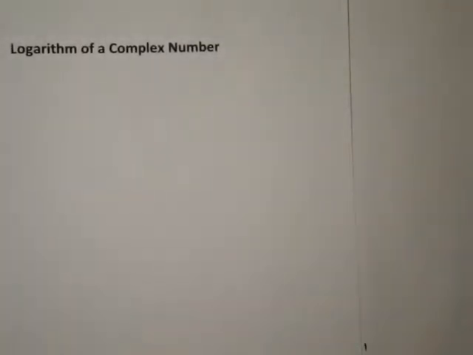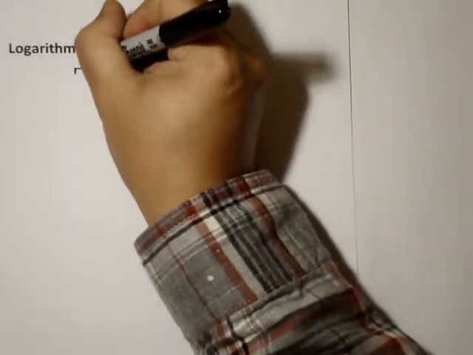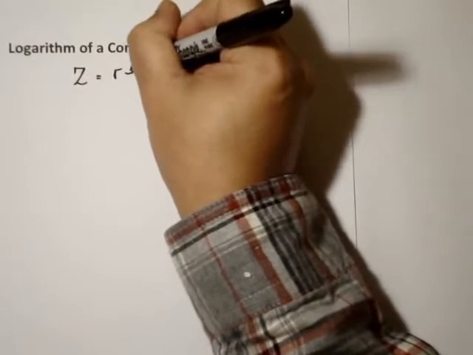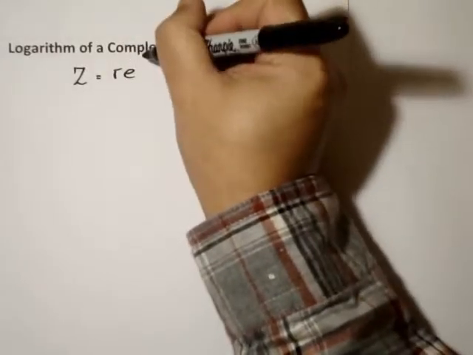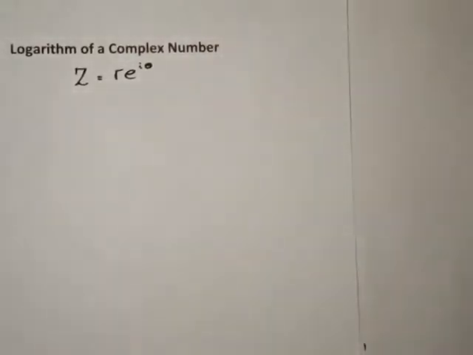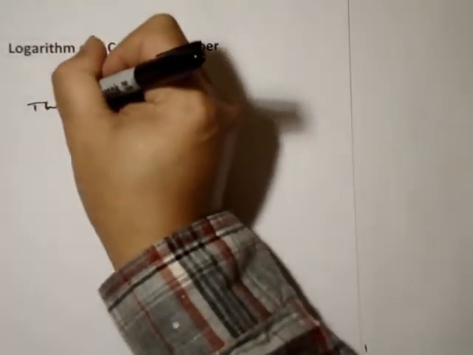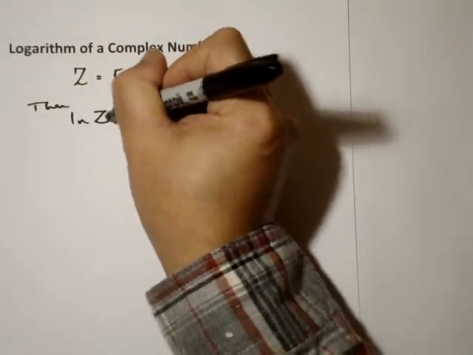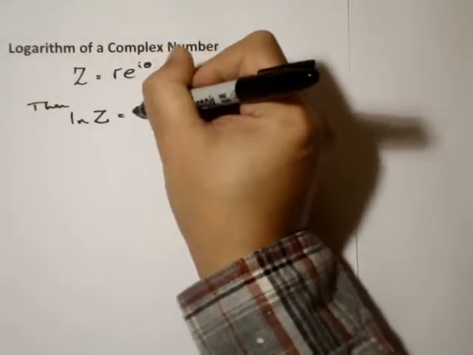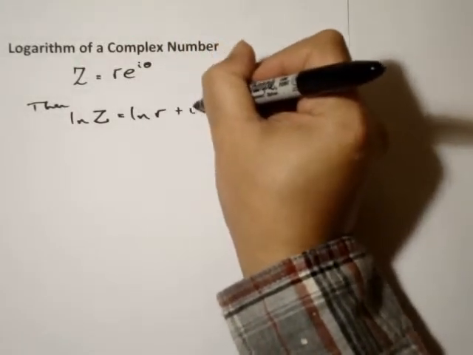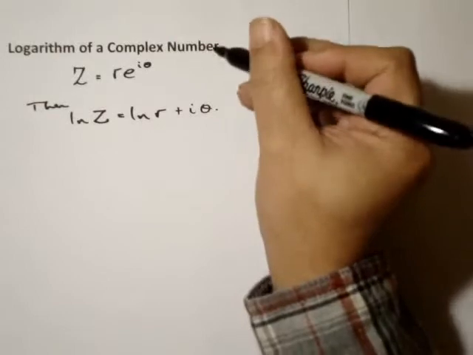Finally, we're going to have a look at the logarithm of a complex number. So if we had z equals r e to the i theta, then we can rewrite this as natural log of z equals the natural log of r plus i theta.